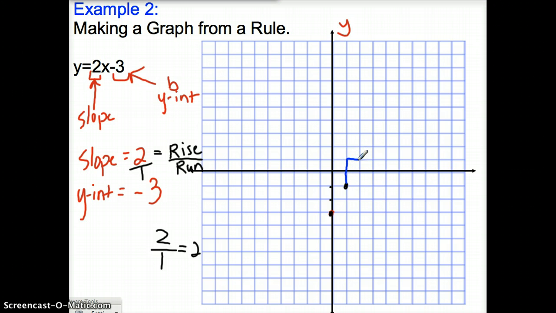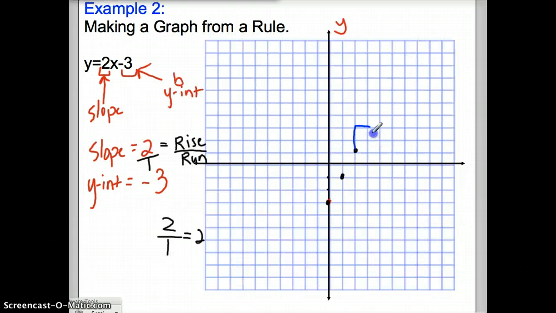There's my next point. Okay, I'm going to keep doing that until I get as many points as I want to make a complete graph. Rise 2, run 1. Now I can see a nice straight line for me. Connect my points, draw an arrow.